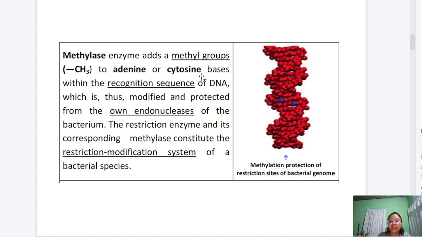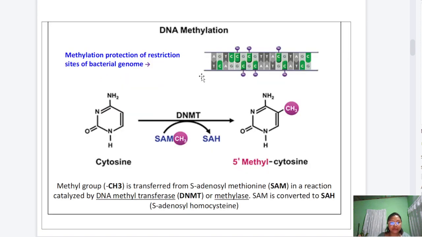Why? Because it has been modified. So methylation is a very important step in the process of the bacterial cell attacking or destroying the extracellular DNA.